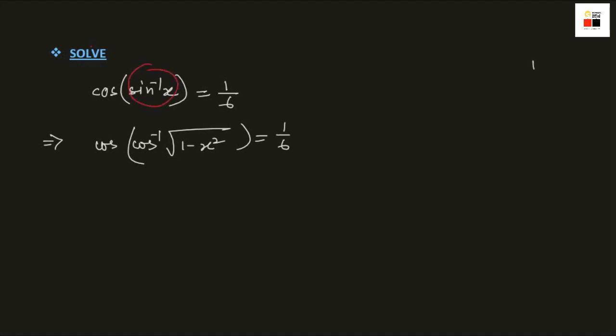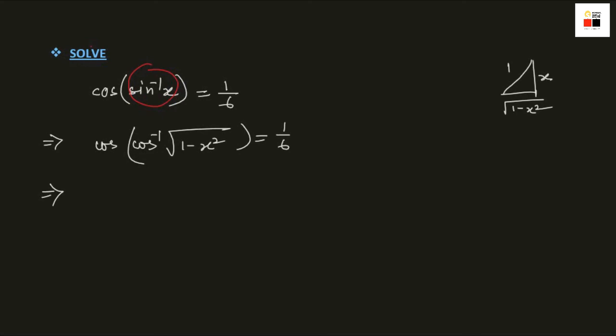From here, if we take a right angle triangle whose perpendicular is x and hypo is 1, therefore by Pythagoras theorem we can write that base will be 1 minus x square under root.